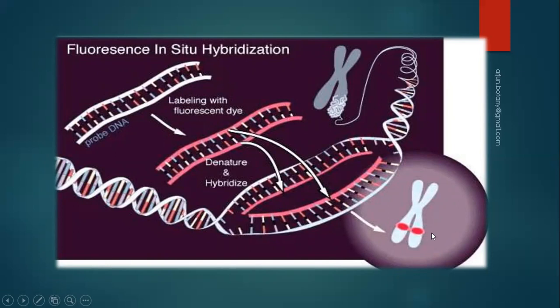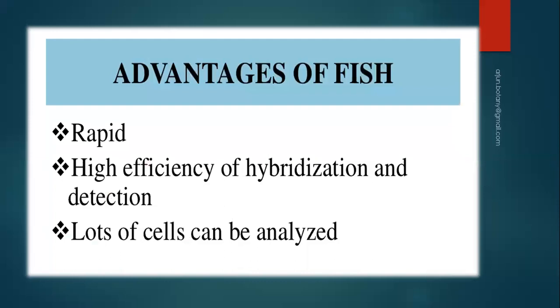It can be compared with the painting technique of an artist. So as geneticists, we use a specific hybridization technique for chromosome painting. Next, what are the advantages of chromosome painting, or rather, the advantages of using the fluorescence in situ hybridization technique? First, this is a rapid process.